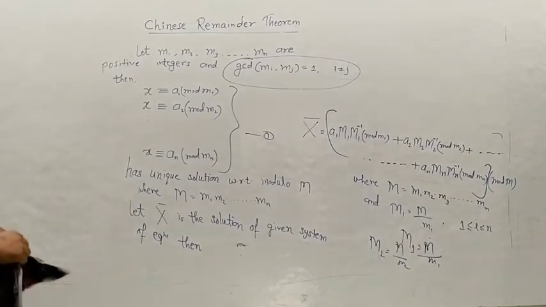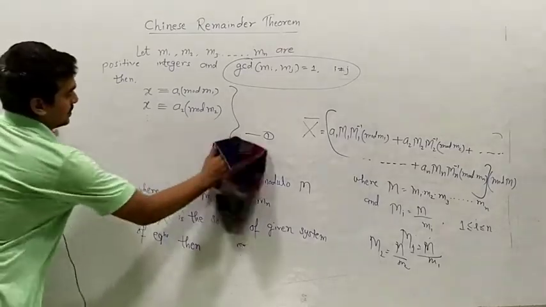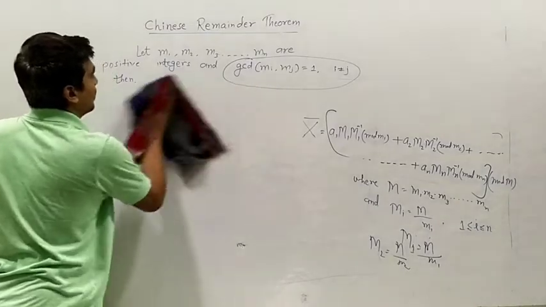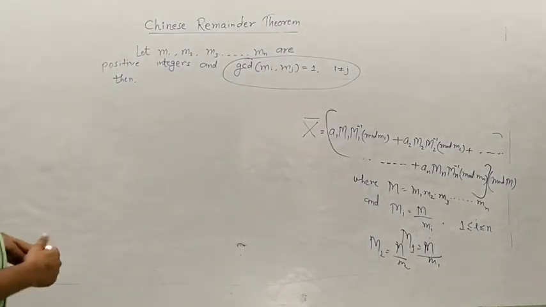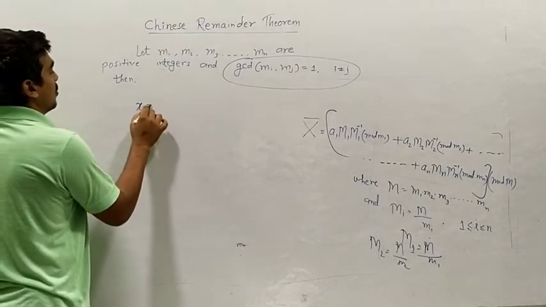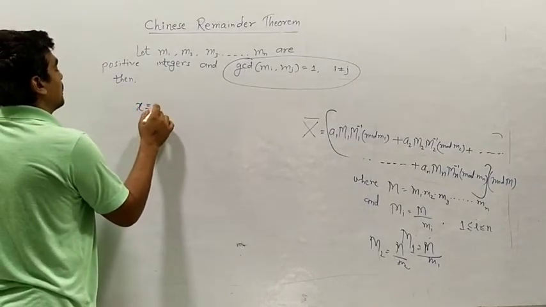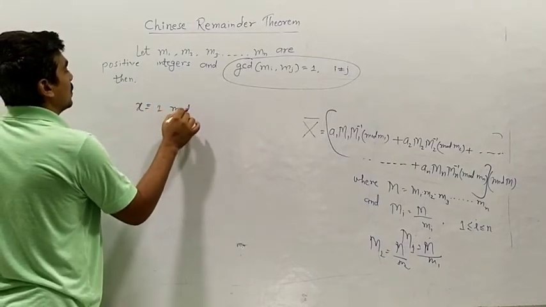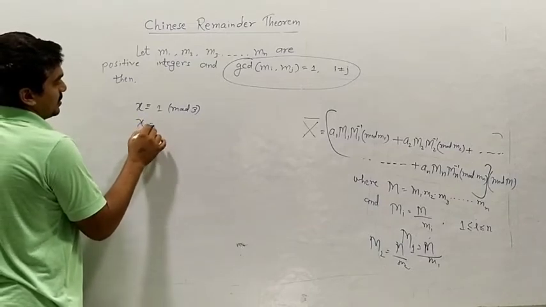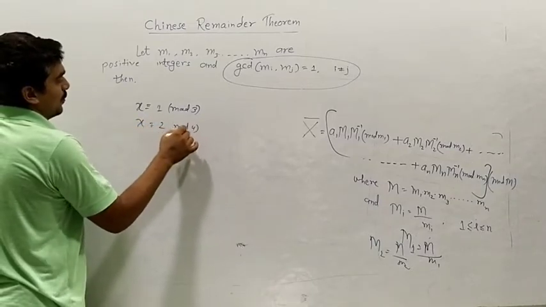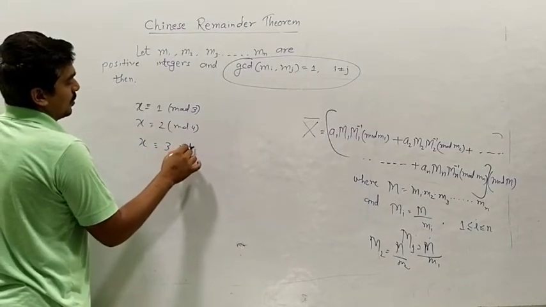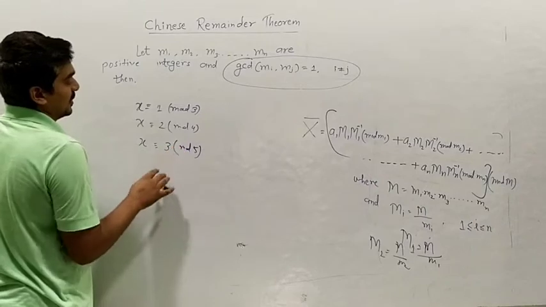So we write here the system of equations: x is congruent to 1 modulo 3, x is congruent to 2 modulo 4, x is congruent to 3 modulo 5.